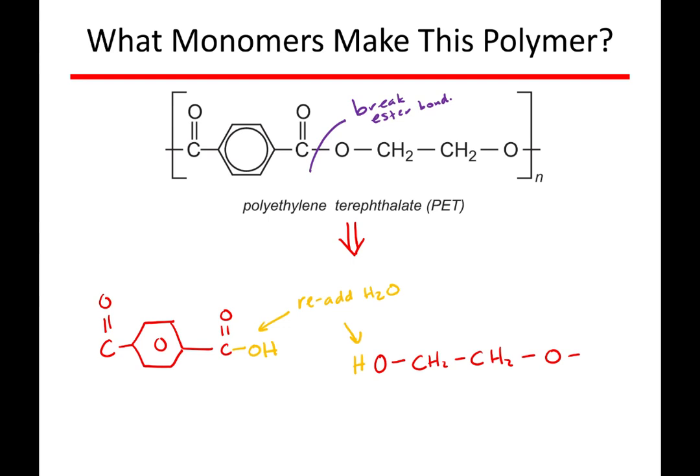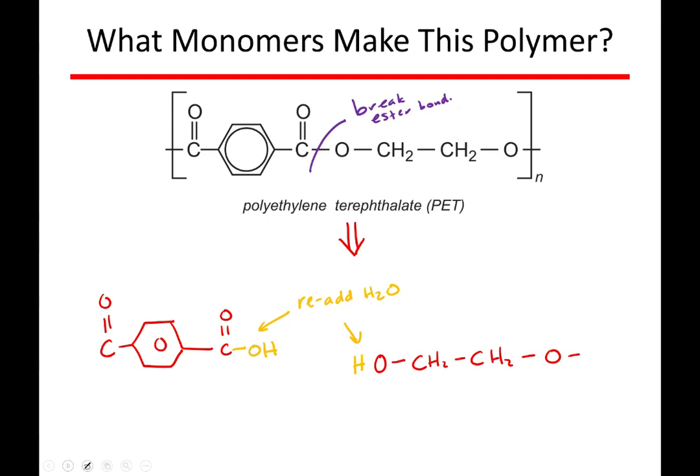Now, we're still not totally complete yet, because I'll remind you that you also have to eliminate more water molecules as you elongate the polymer chain here. And so if we're breaking the monomer down, we need to also talk about breaking this bond here and re-adding water into the structures for our original monomer units.